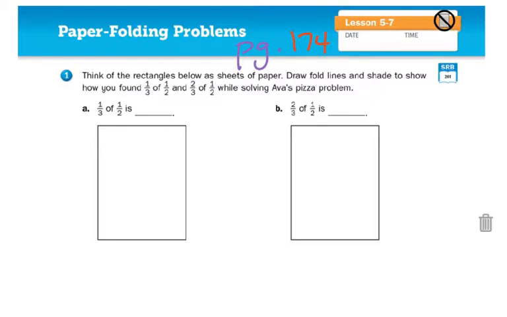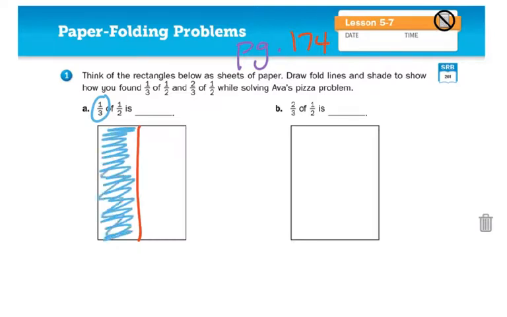So let's go back to what's 1/3 of 1/2. So the first thing we have to do is find out what 1/2 is. So let's divide that into halves, because in order to take a fraction of something, you better figure out what half is first. Now we're going to find, well, let's shade 1/2 first.